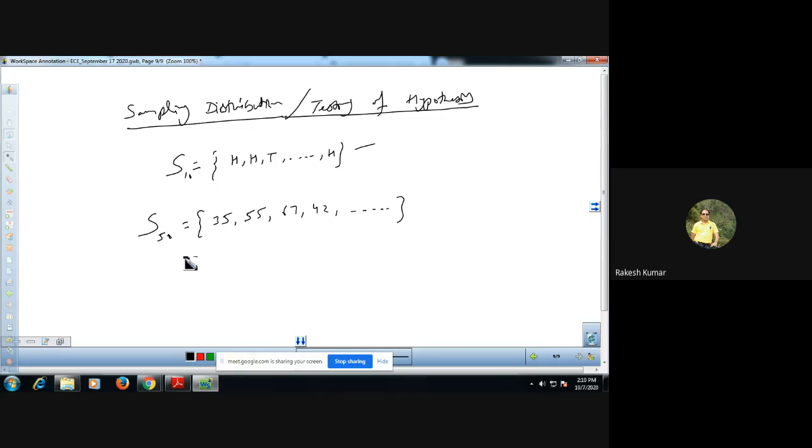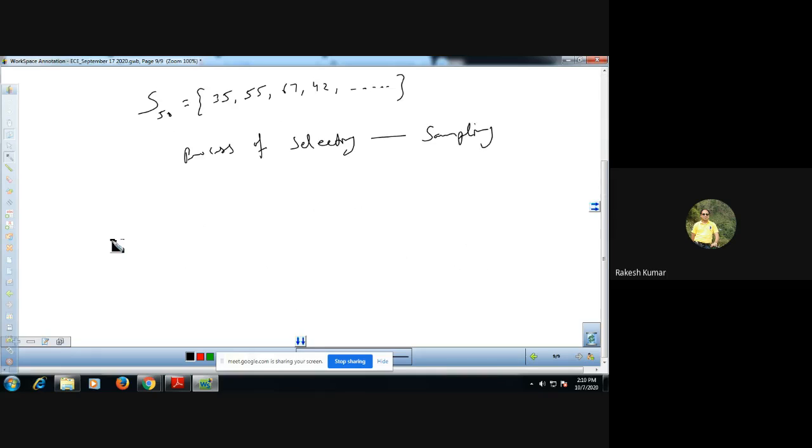So the process of selecting a sample from the universe is called sampling. Later, for the analysis of sampling, we shall follow some distribution, and that is called a sampling distribution.